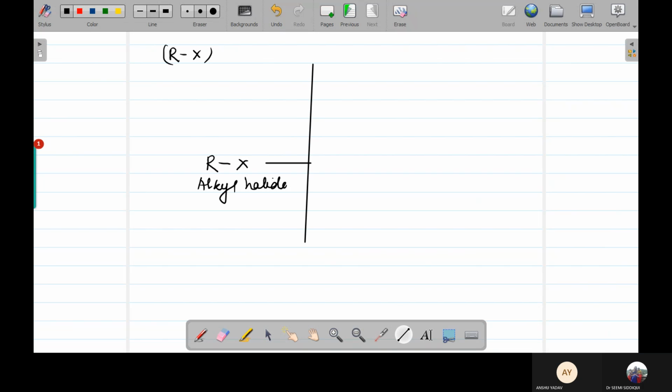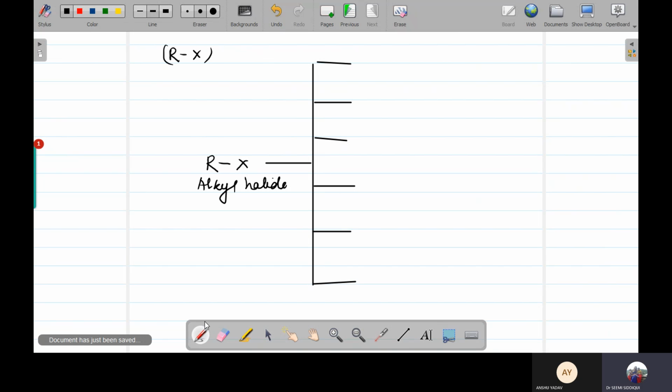Let's look at 6 reactions we can have over here. The first condition is it is going to react with KOH aqueous. Over here, it is very necessary to mention the aqueous condition.